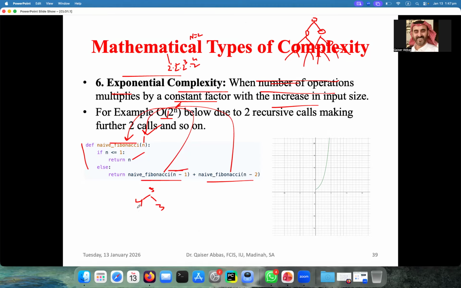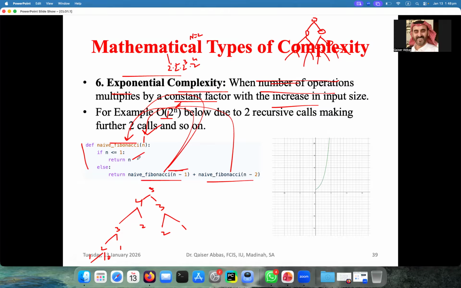Then this 4 will go again and call further 3 and maybe 2. Then this 3 call will go and have 2 and 1, and this will further go to 2 and 1, and then 1 and 0. Here it will be checked: 1 less than or equal to 1, yes, equal, and then return. And 0 less than or equal, yes, return.